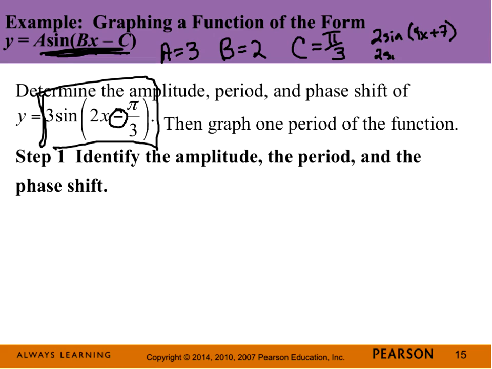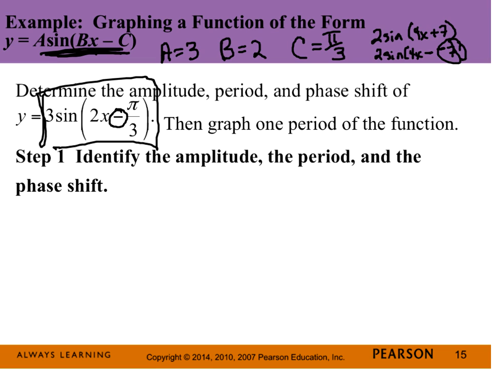I would have to think of that as 2 sine of 4x minus negative 7, and my C value would actually be negative 7 there. So I wanted to point out that your C value here is positive pi over 3 because minus is in the form.